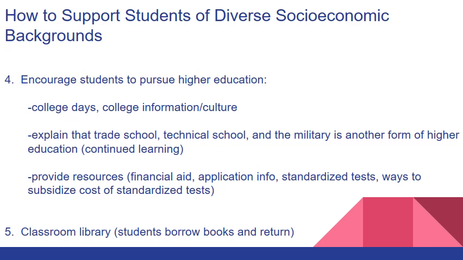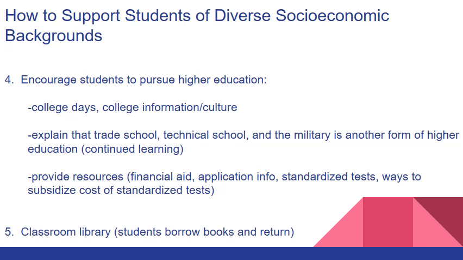However, for those students that do want to go to community college and four-year universities or even trade schools, it's very important that you inform them of the financial aid process, as well as how to apply to colleges, what standardized tests they need to take to gain admission into colleges, and also ways they can subsidize the cost of taking the standardized tests.